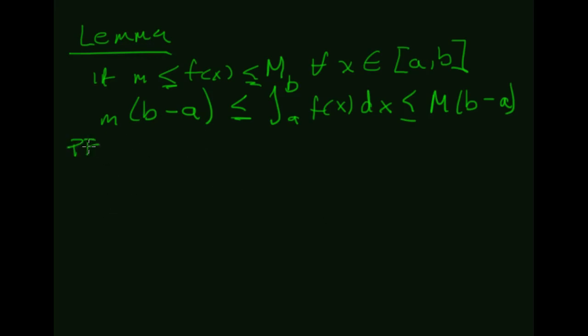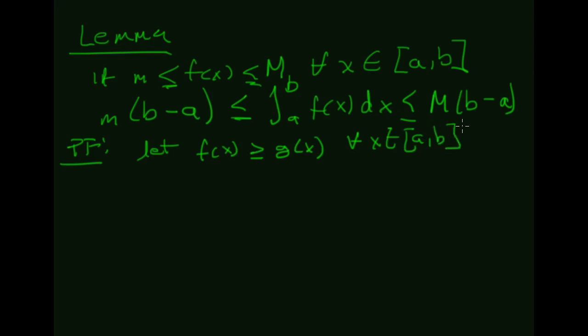So let's prove this. We're going to establish that we have some function f, and it is always bigger than g for all x on a b.